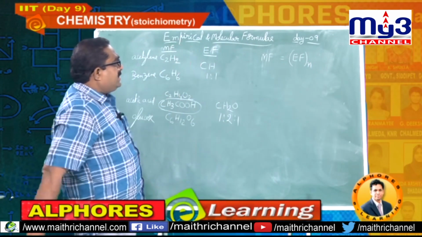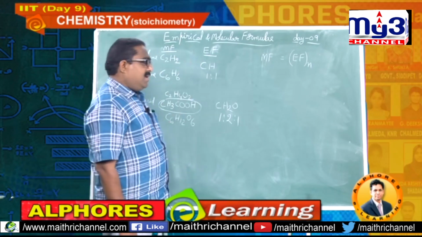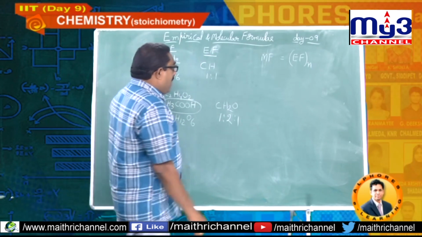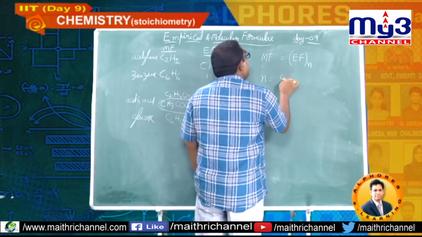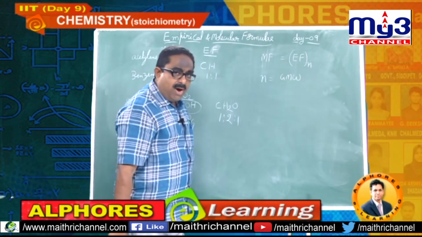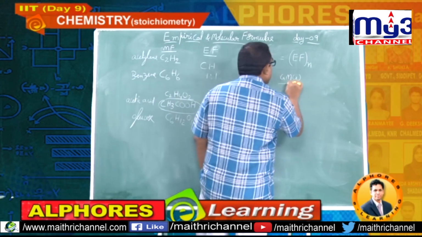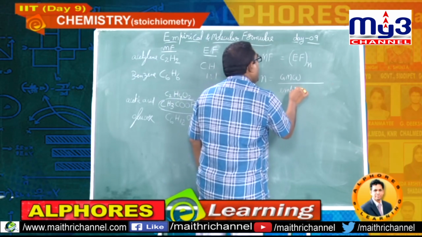Molecular formula is equal to empirical formula taken n times for a chemical compound. What is n again? N you will get as GMW, gram molecular weight of that compound, divided by empirical formula weight.